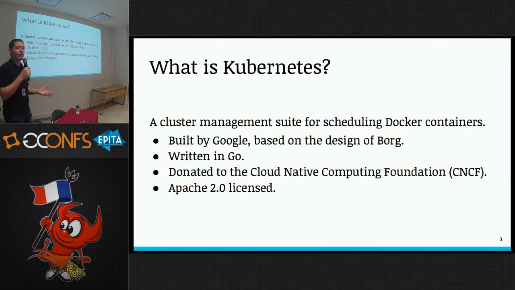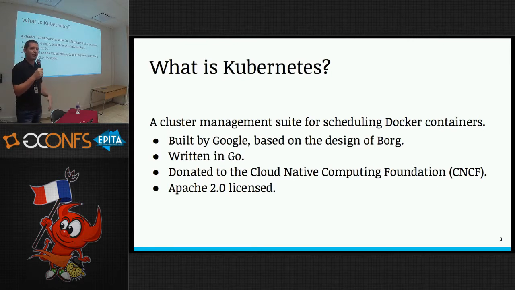This was done on purpose because there were a lot of design flaws, things that could have been improved on Borg. So they picked a different language, so they were required to rewrite all of it and cherry pick all of the things that were good and leave out all of the things that were bad.